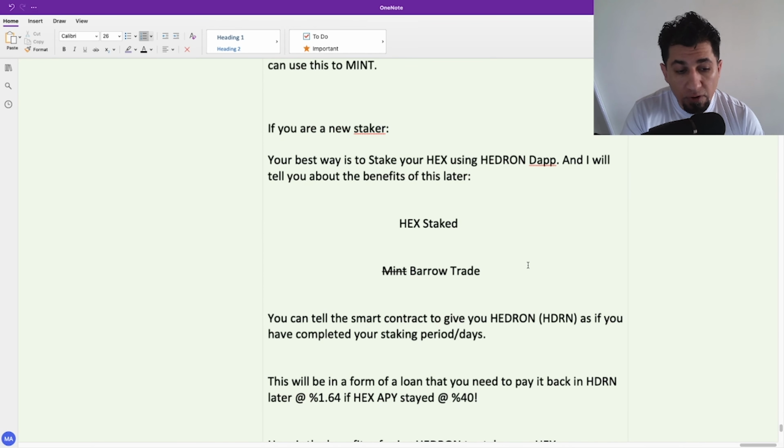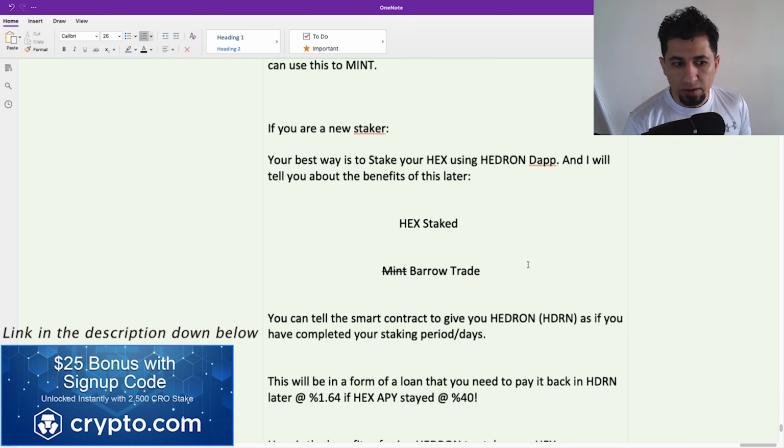This will be in the form of a loan that you need to pay back in HEDRON later at a 1.64% interest rate if Hex maintains its 40% APY. So if Hex maintains its 40% APY, you are looking at a 1.64% interest rate on your loan, borrowing HEDRON against your staked Hex.